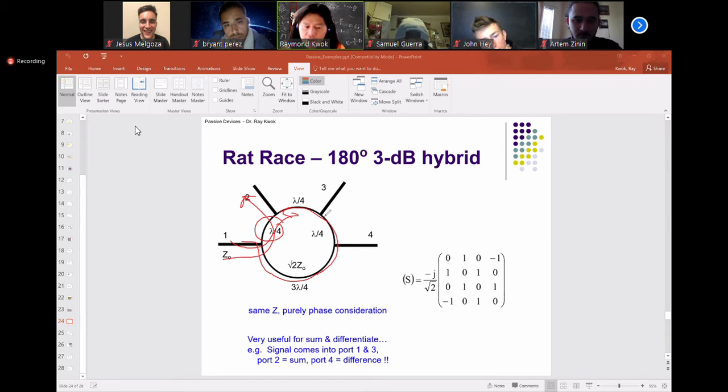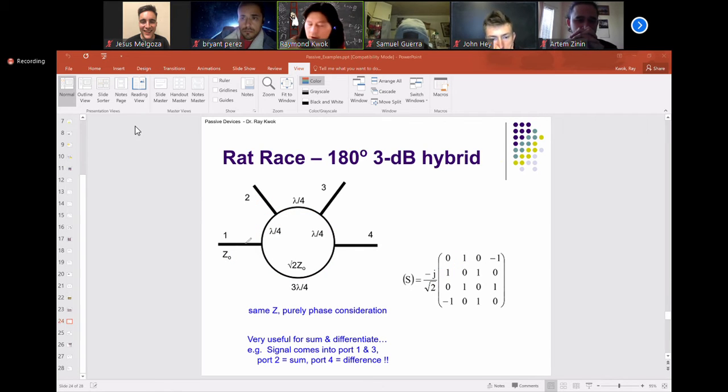That's one wavelength, which is also 90 degrees, right? Are you with me? It doesn't matter whether the signal goes to the left or the right, you'll end up at port 2 at 90 degrees. So they end up going to port 2 together at 90 degrees, right? No questions?